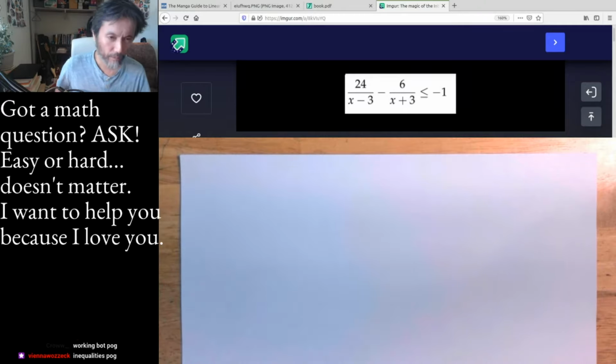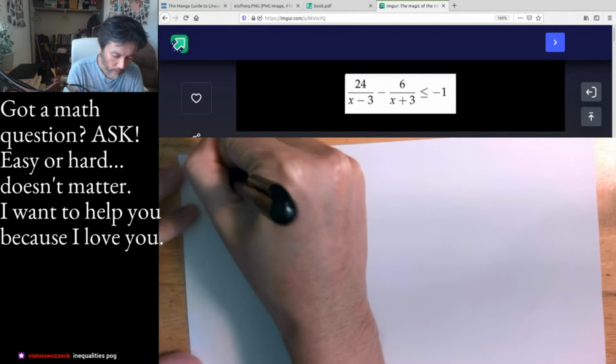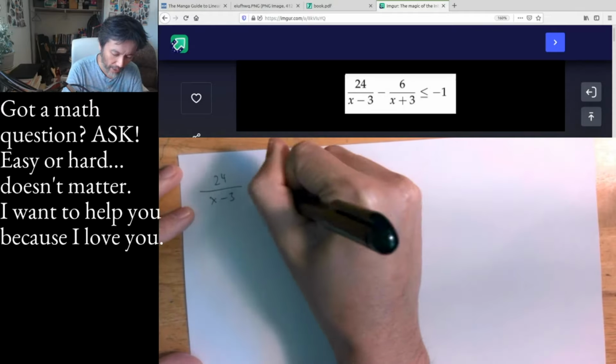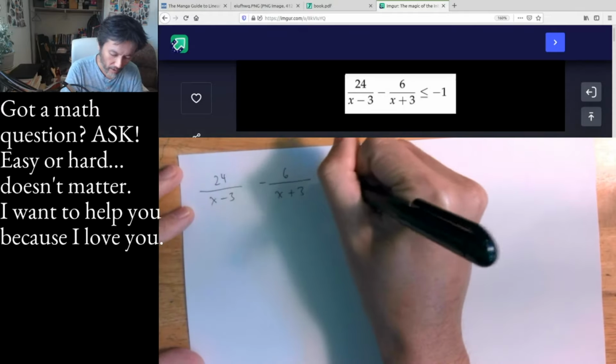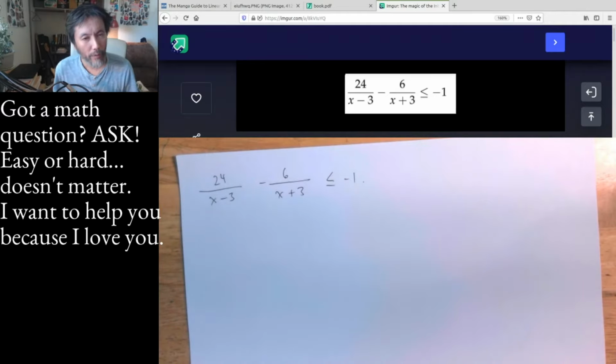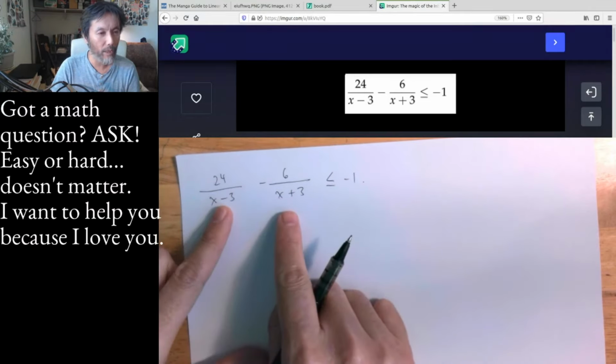So let's see. 24 over x minus 3 minus 6 over x plus 3 is less than or equal to negative 1, right? So my first tip is, you see how these are sort of broken in pieces.